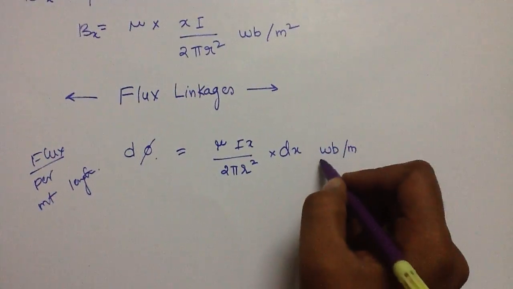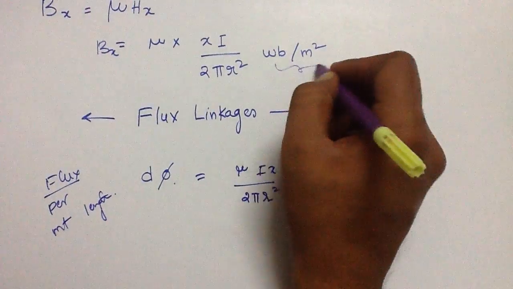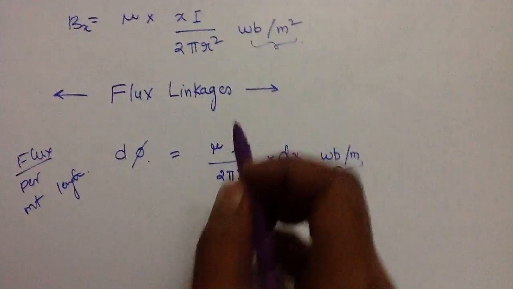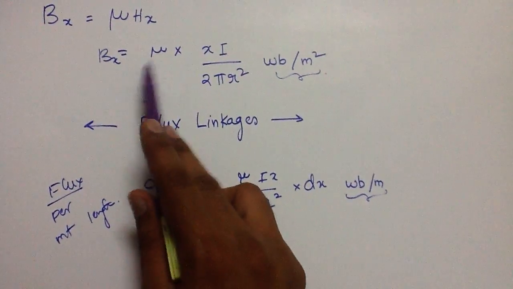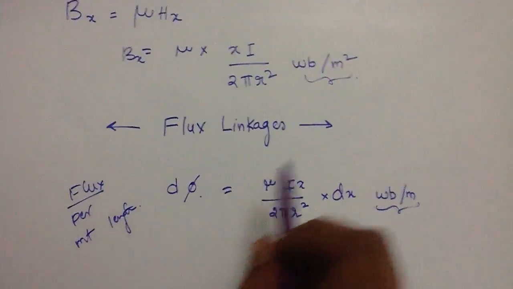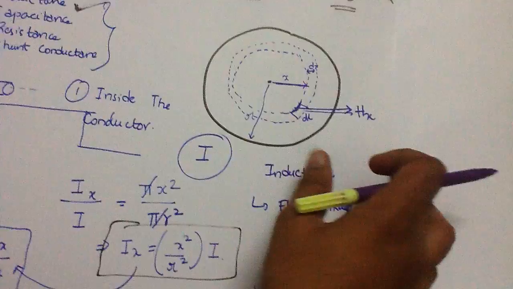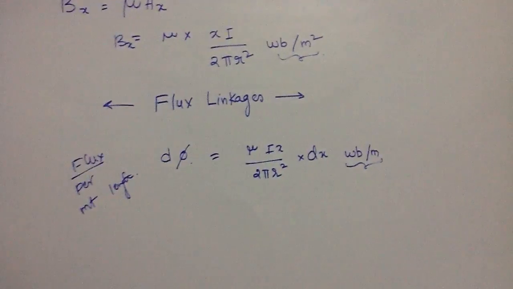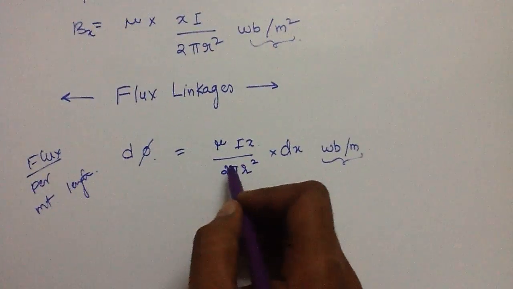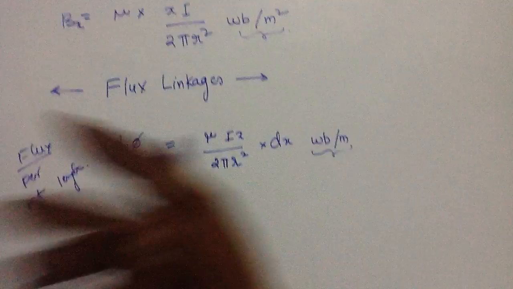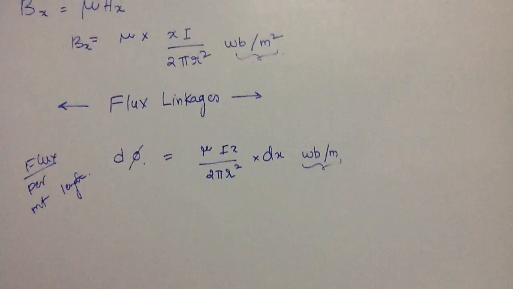So just take care of the units, see the different units we are using. We have Bx. We need to find out for the small tubular element dx the flux linkages, and so we have d phi is equal to mu Ix by 2 pi r square dx Weber per meter.